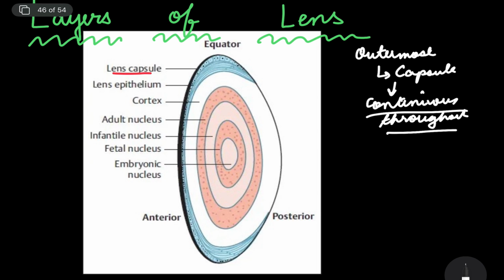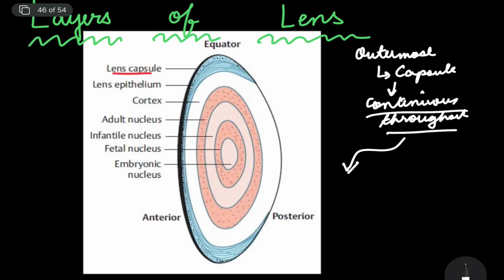Now, just like we had talked about in the cornea, the different parts of the cornea, we had also talked about the thickness of the cornea, and we had said that the cornea is not uniformly thick. Just like that, the lens capsule is also not uniformly thick all throughout. There are parts of the lens capsule where it is very thick, parts where it's very thin. So let's very quickly go through the different parts.